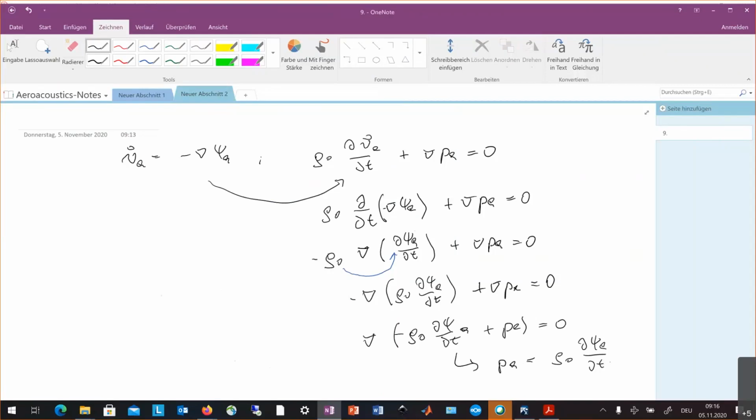Clearly, when a spatial derivative is 0, you can integrate over the space and you would get on the right hand side a constant value. But what helps us a constant value? It is not acoustics, because acoustics needs fluctuating quantities, and that's why we directly express the acoustic pressure by the time derivative of the acoustic potential with the mean density, because then this gives in the parentheses a 0 and the gradient of a 0 is 0.